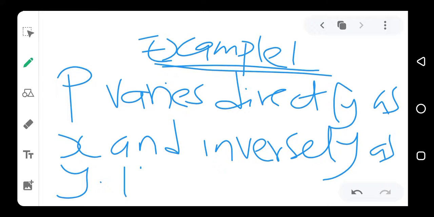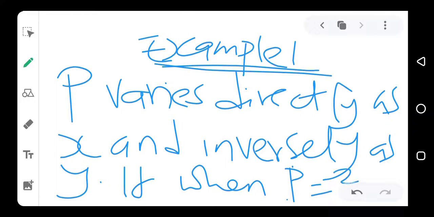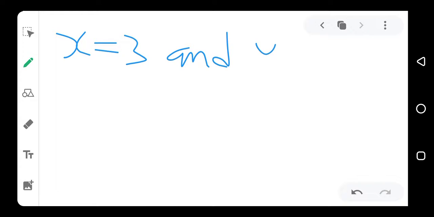When P is equal to 2, X is equal to 3, and Y is equal to 4.